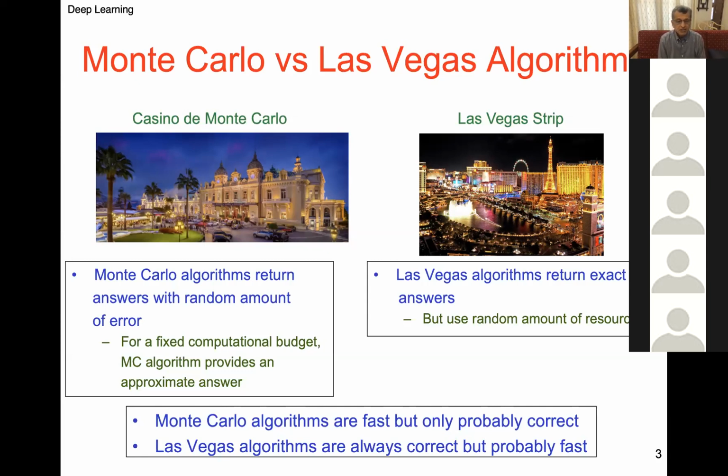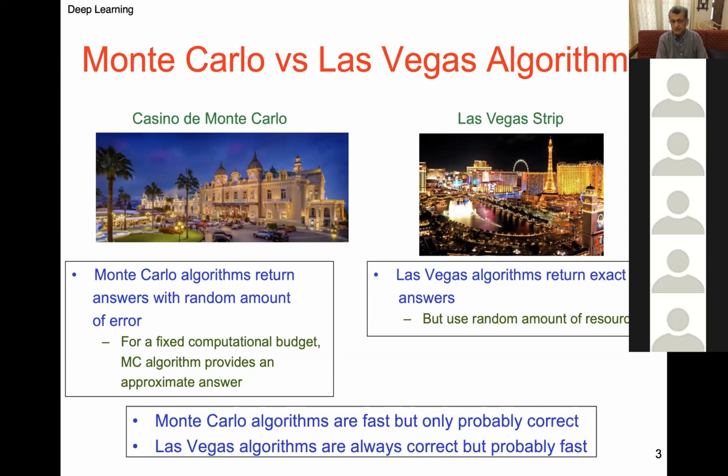So once again, Monte Carlo algorithms return answers with a random amount of error, right? That's the example of 2.9999 instead of 3.0. For a fixed computational budget, Monte Carlo algorithms provide an approximate answer. So you can only take so much time, so it will give you an approximate answer. A Las Vegas algorithm, on the other hand, returns an exact answer.